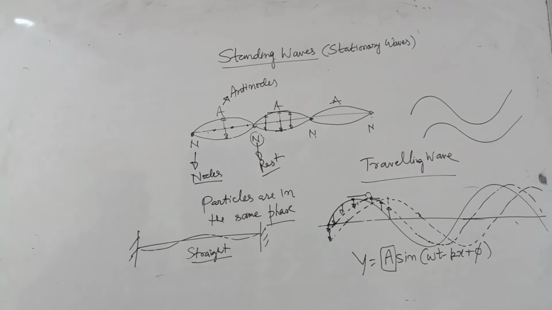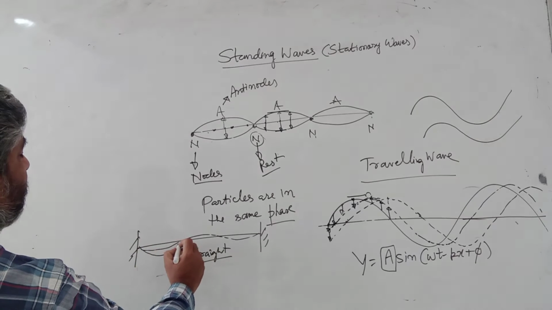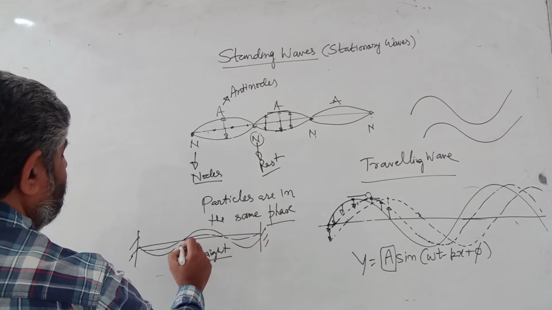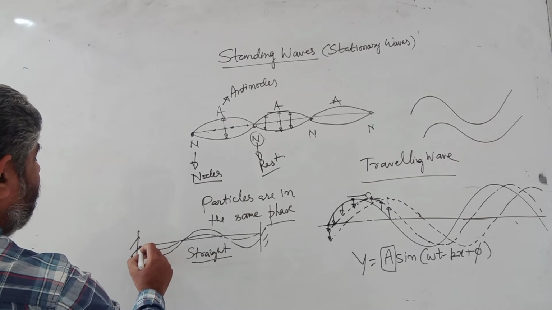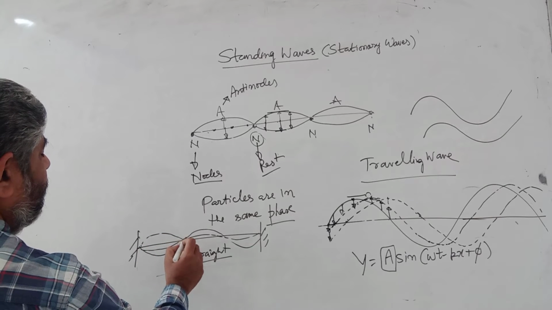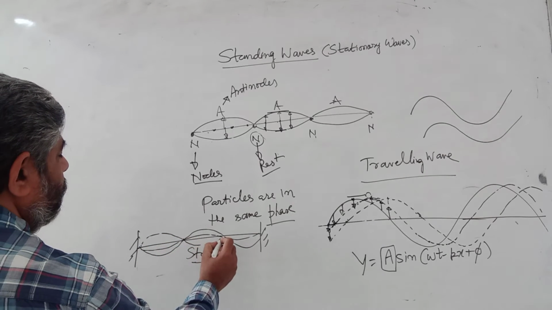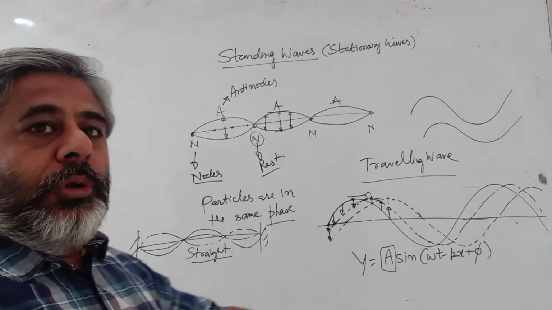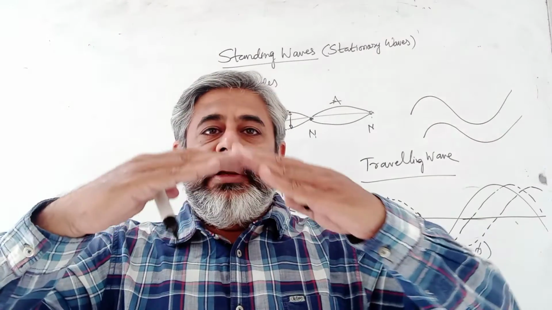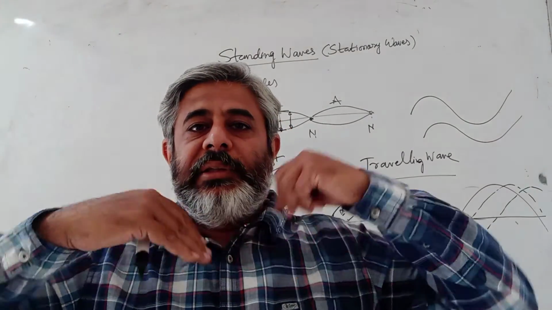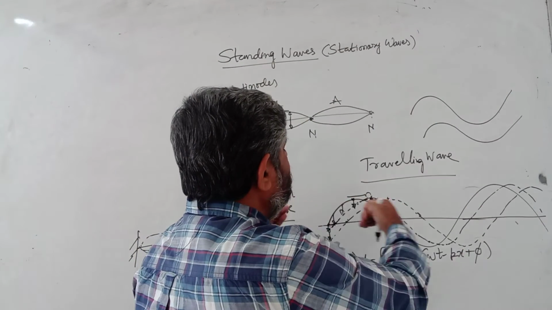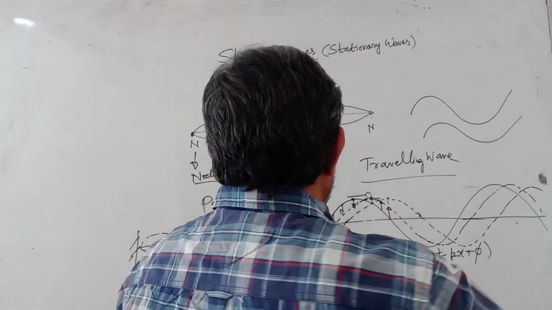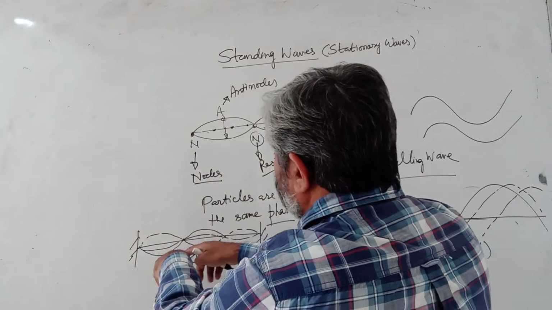So all the particles will be at their extreme positions, and then the bulge will become bigger and bigger, and then again it will start shrinking back, and then it will happen in the reverse direction also. So the bulge will be like this, like this, like this. This is not the case in a traveling wave, because the shape of the string goes on changing and the shape moves forward.